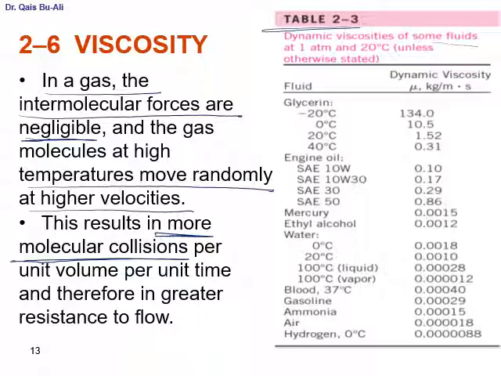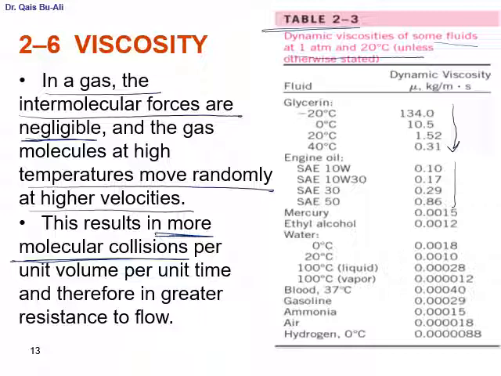This is a table here, Table 2-3 in your book, which lists some dynamic viscosities of some fluids at 1 atmosphere and 20 degrees unless otherwise stated. We look at glycerine here, and as we increase the temperature, as you can see, the viscosity dropped. As we increase the temperature, viscosity decreases. For engine oil, we have different types of engine oils, and the viscosity is just different for different types.